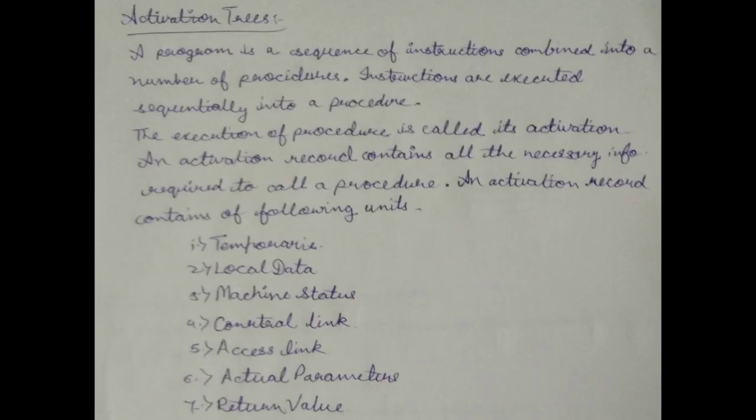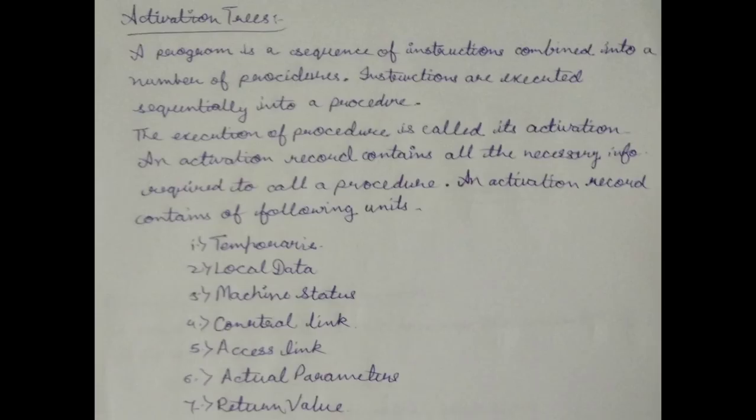Now, for each procedure, we have an activation record for our program, where an activation record contains all the necessary information required to call a procedure. An activation record contains the following units. First, temporaries. Temporaries store the temporary variables and the data required for a given procedure in a given program. Second, local data.